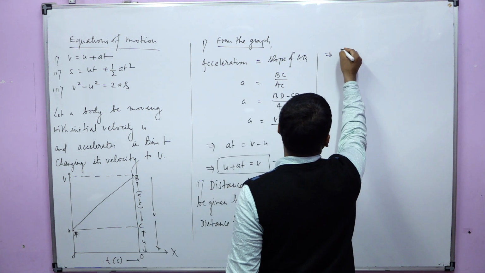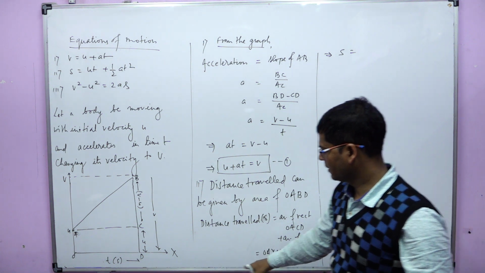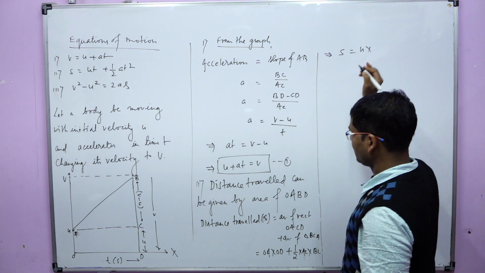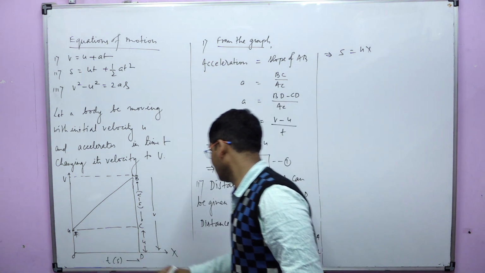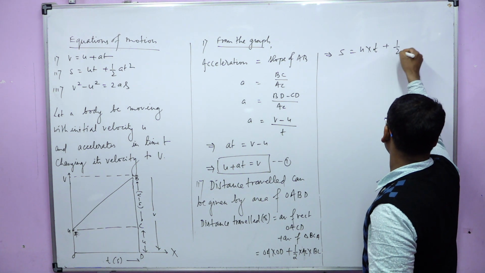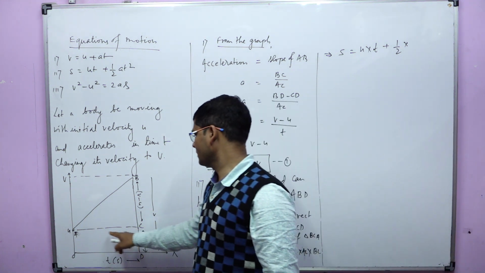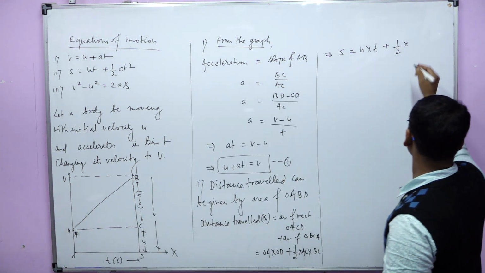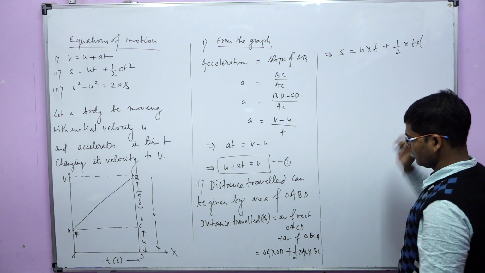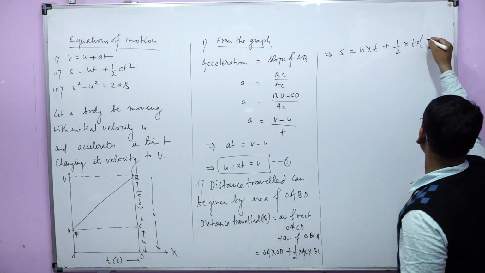This implies s is equal to OA, you can see here OA is u, into OD which is t, plus half into AC, AC is time, into BC, that is v minus u.